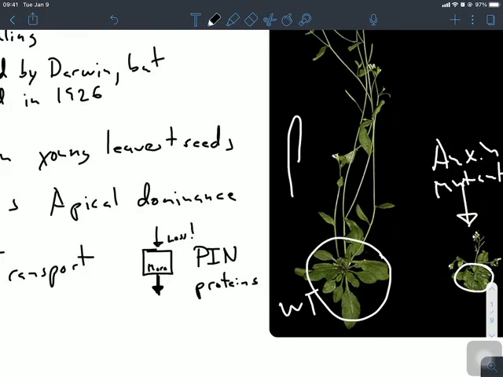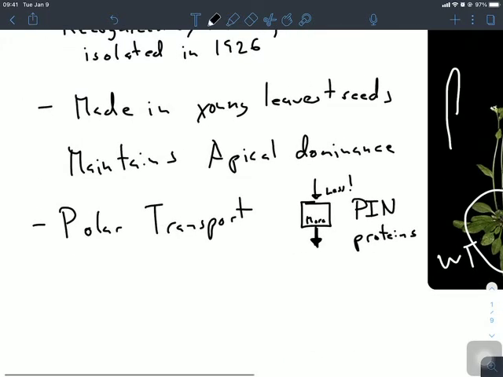And as it turns out, the presence of these PIN proteins corresponds with the first plants on planet Earth that grew via apical dominance. So these are very ancient proteins that are very, very essential for plant growth.